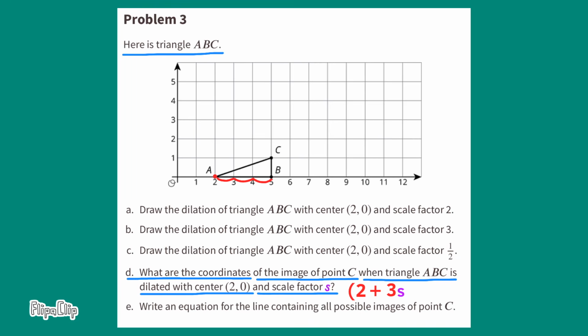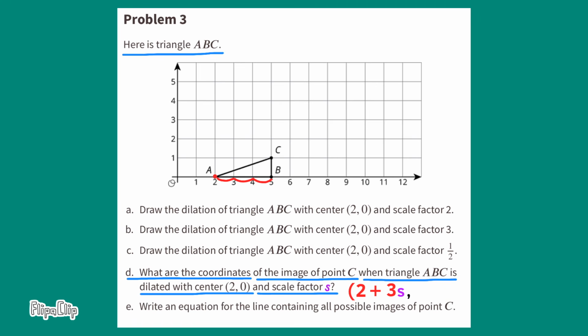So far, we've written the coordinates that represent the horizontal movement along the x-axis. Next, we need to figure out the vertical movement along the y-axis. Point C of triangle ABC is located 1 unit up.